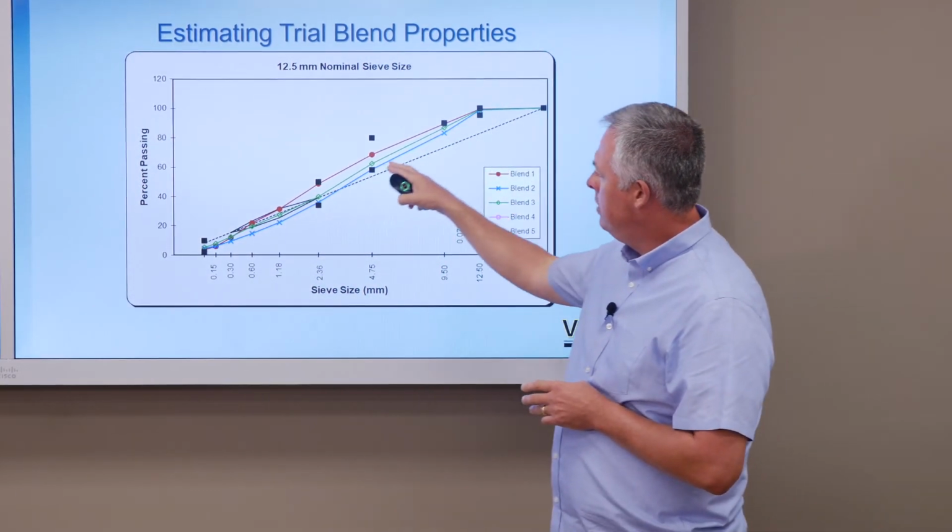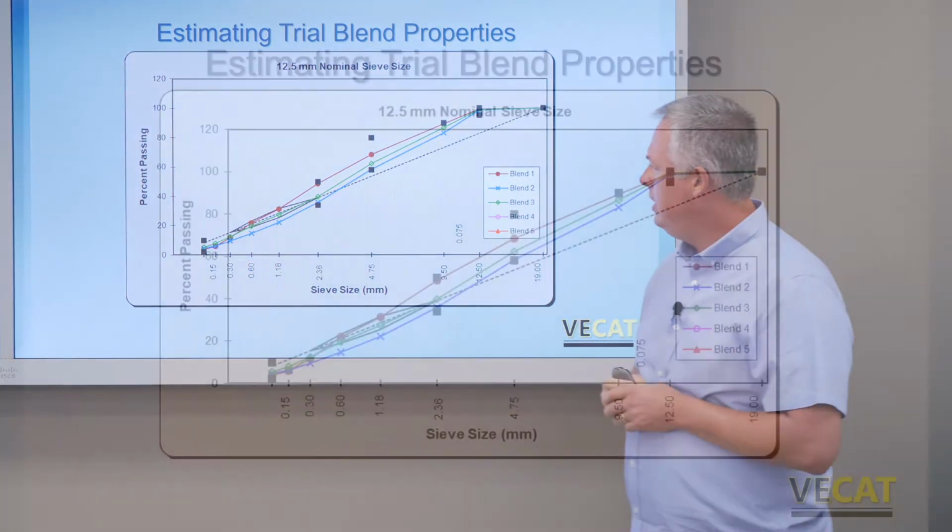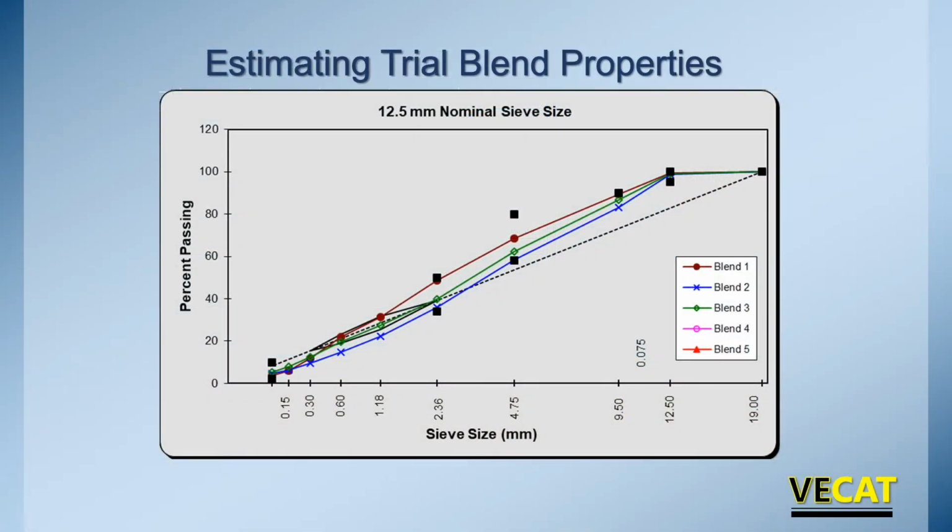And then the blend that's running right through the middle is blend 3. This is the one that's got 25% RAP in it. It's got both natural sand and manufactured sand. So you can see all of them are running through the wickets of the control points, so that looks good. These all work as trial blends for a 12.5 millimeter nominal size mix.